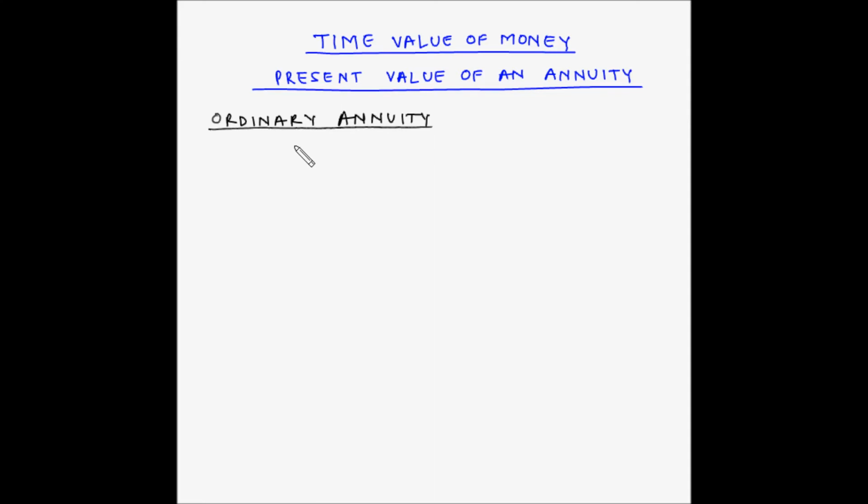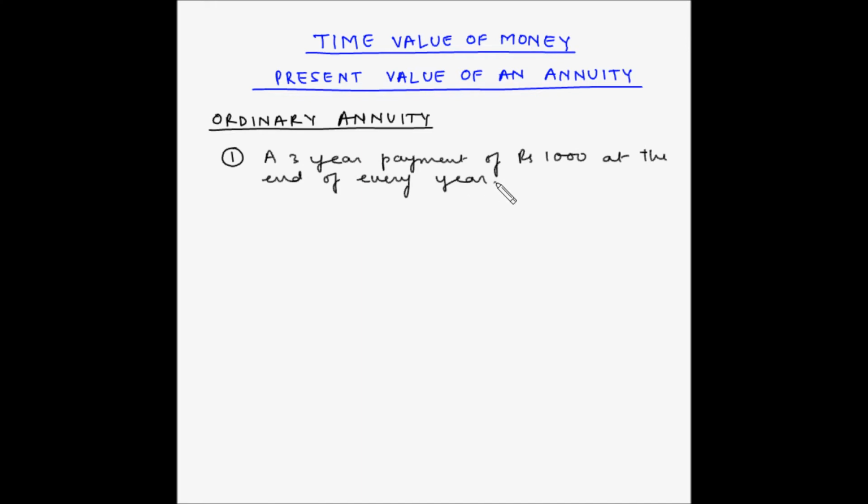Now suppose that you won a lottery and the lottery offers payment of prize money in two options. The first option is that they will pay a 3-year payment of rupees 1000 at the end of every year.